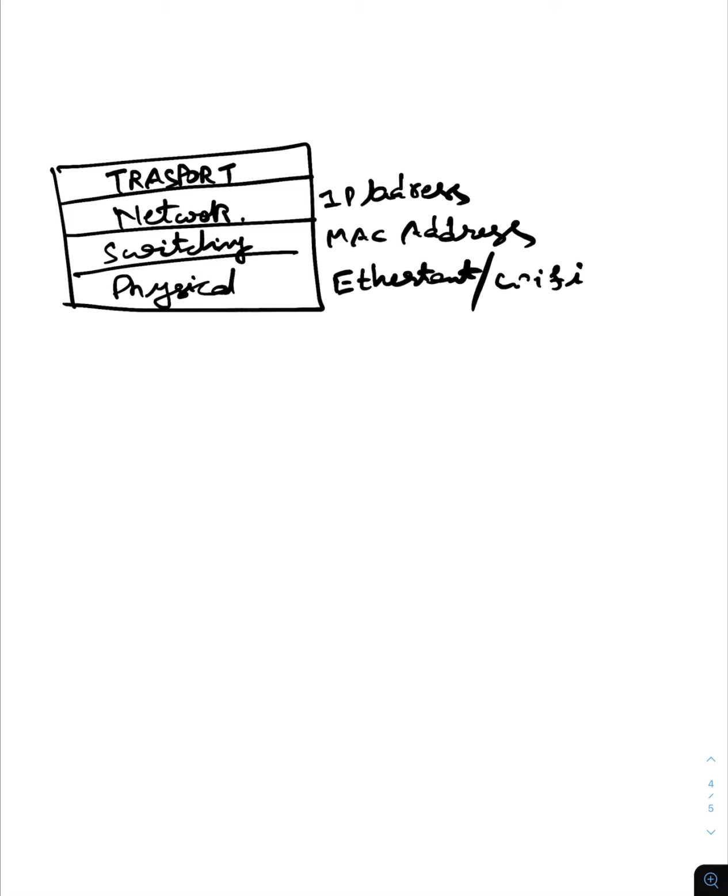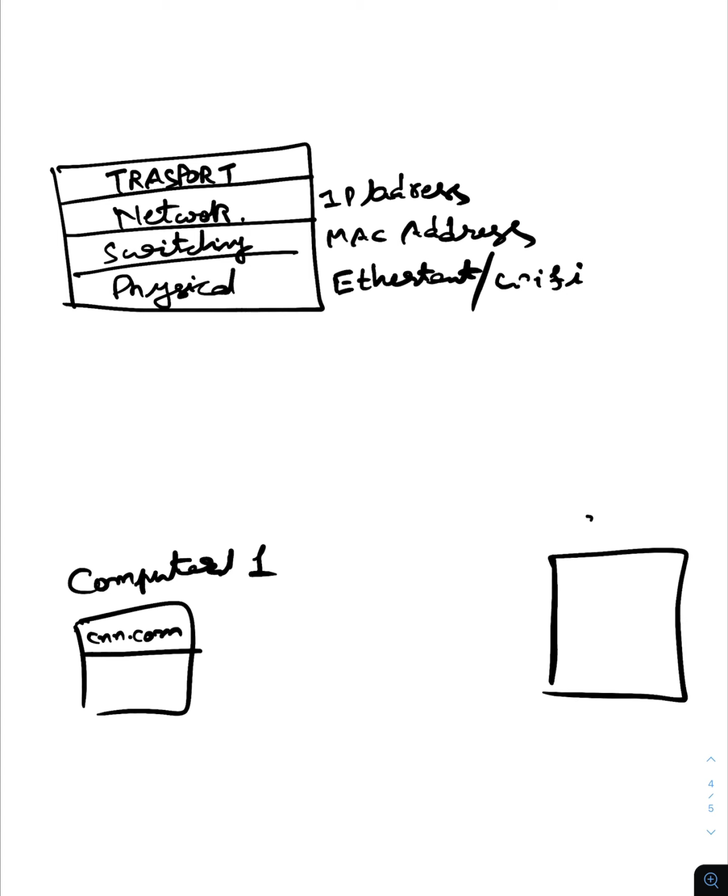So suppose this is your computer one, and you are requesting the same thing, CNN.com. This is your server, CNN. You're sending a request: I want to get the news, access CNN.com.